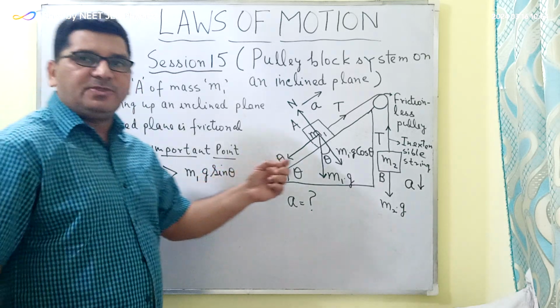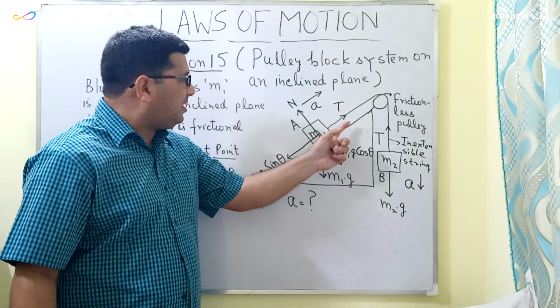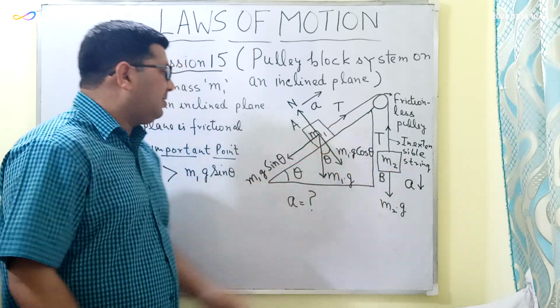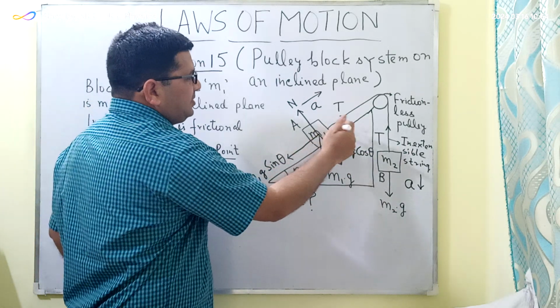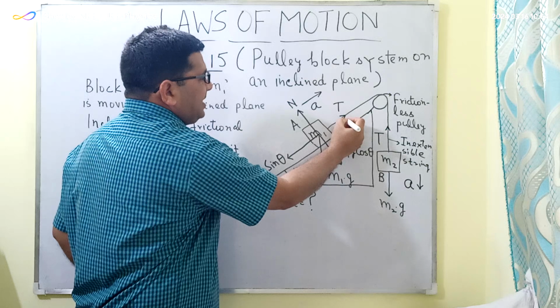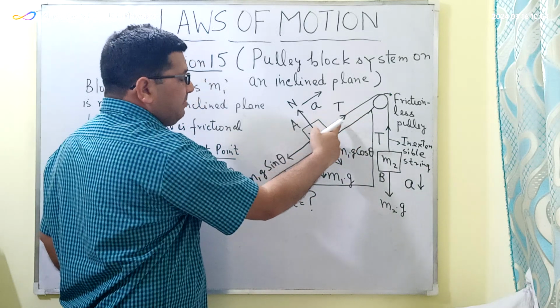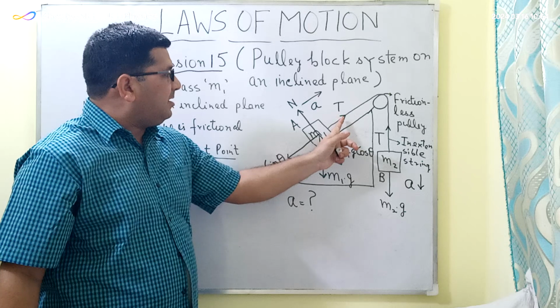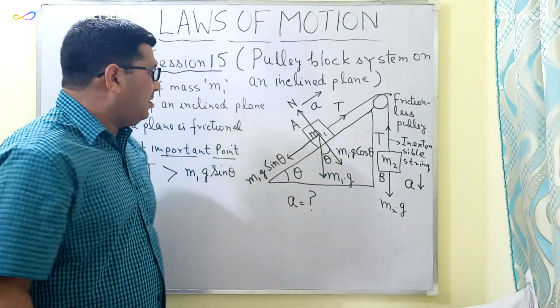The second important point, which every one of you has to remember, is that tension always acts away from the body. So this is the body, and the tension is acting away from the body, means the direction of this tension will be as indicated by this arrow.